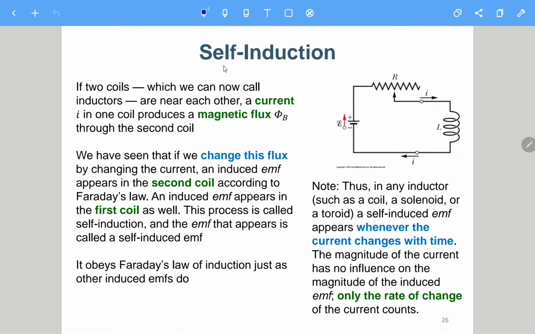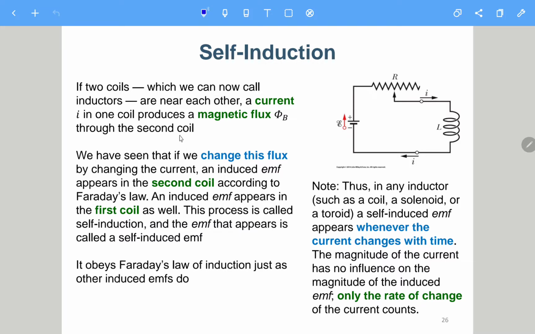Okay. So here it talks about self-induction. It says if two coils, which we can now call inductors, are near each other, a current I in one coil produces magnetic flux Φ_B through the second coil.